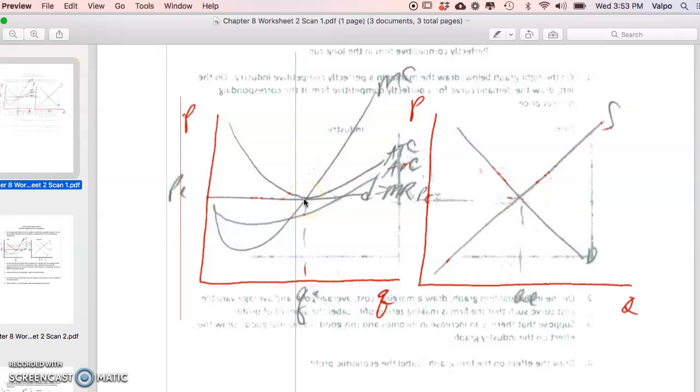If you want to draw a firm with zero profit, the average total cost has to intersect at that particular place. Keep in mind, marginal cost intersects average total cost at the minimum, and that's why that has to be the case. It also has to intersect average variable cost at the minimum, which mine looks a little sloppy here.